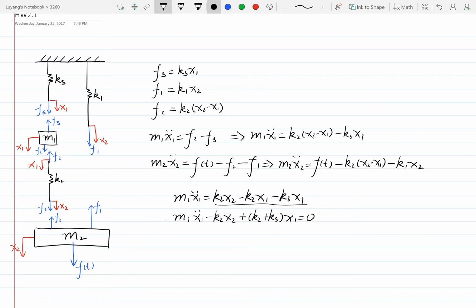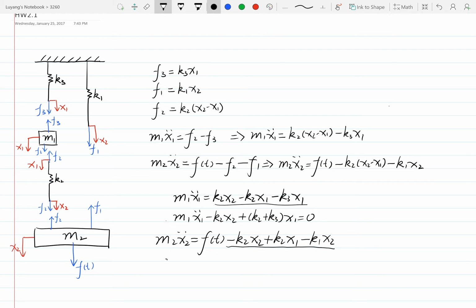And for the second equation, M2 x2 double dot equals F(t) minus K2 x2 plus K2 x1 minus K1 x2. And then we can move this part to the left side of the equation.